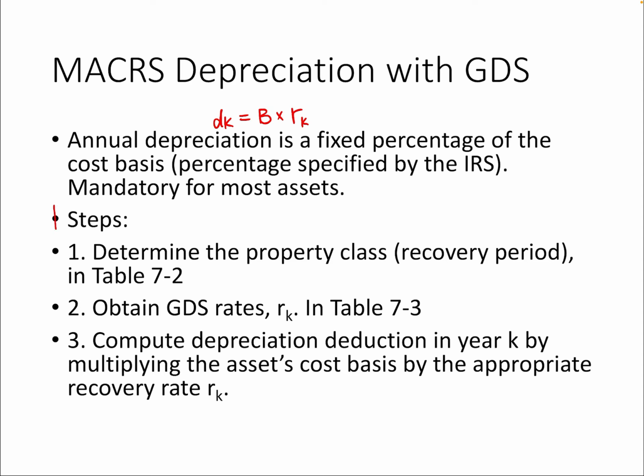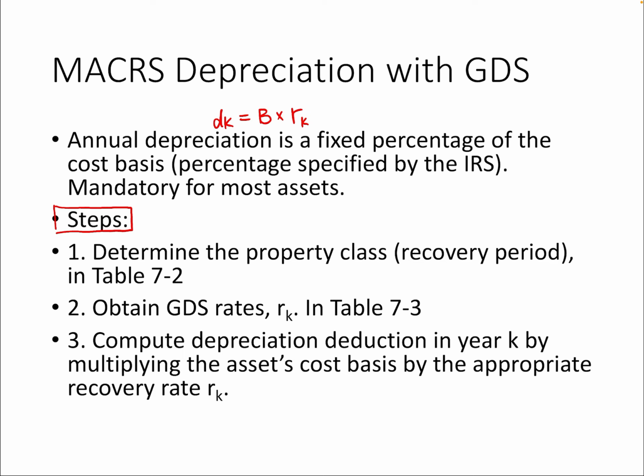Okay, so the steps here, we will use some tables. The first thing is you need to determine the property class. Usually in a given problem, you will be told that there is a property and the type of the property is such and such.